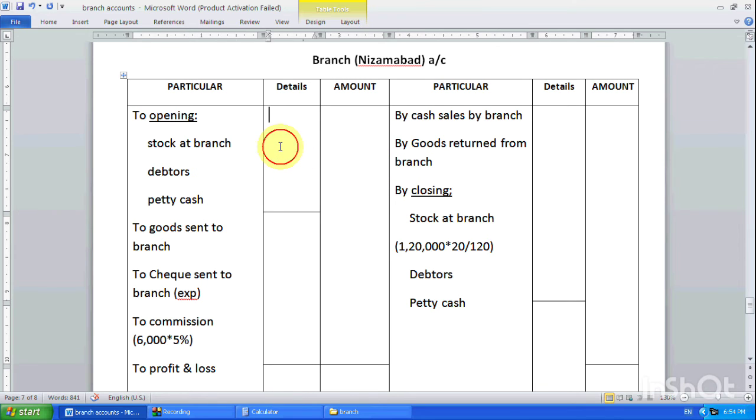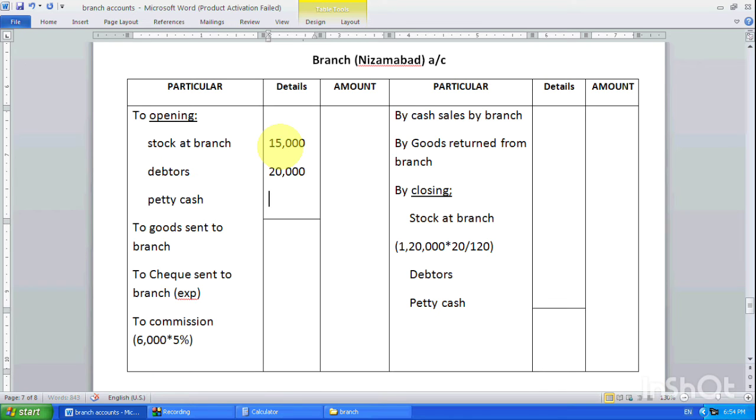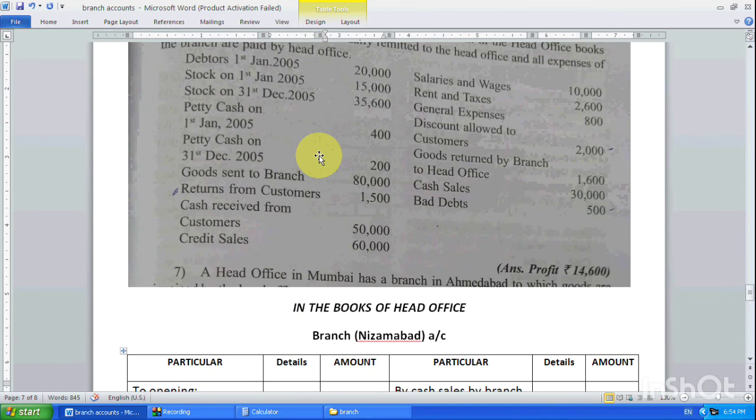First, write stock at the branch. Stock at the branch is 15,000. Opening debtors is 20,000. Petty cash is 400. Overall 20 plus 15, 35,400. Right, here 35,400.